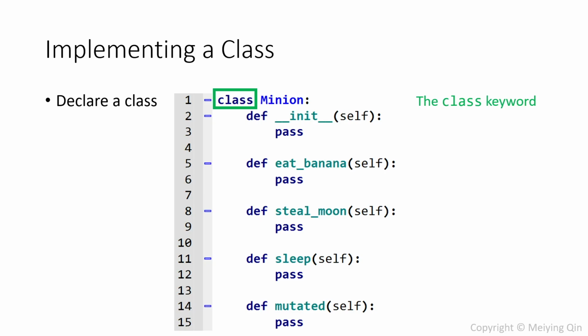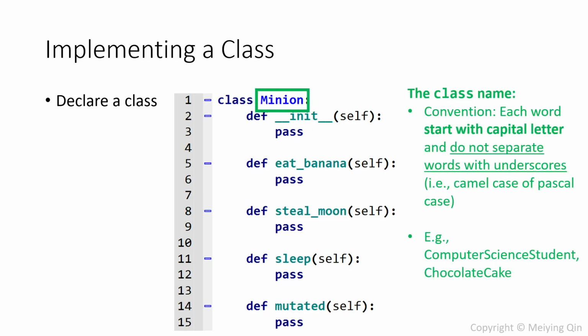For example, if you want to define a class named computer science student, you can't use computer underscore science. We call this camel case, or upper camel case, or Pascal case, which means you write each word capitalized without any underscore.